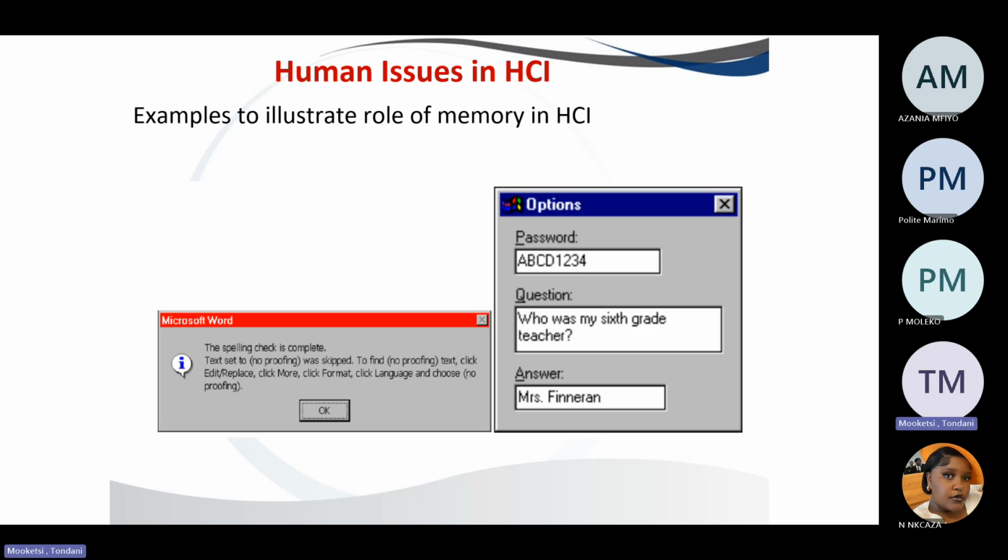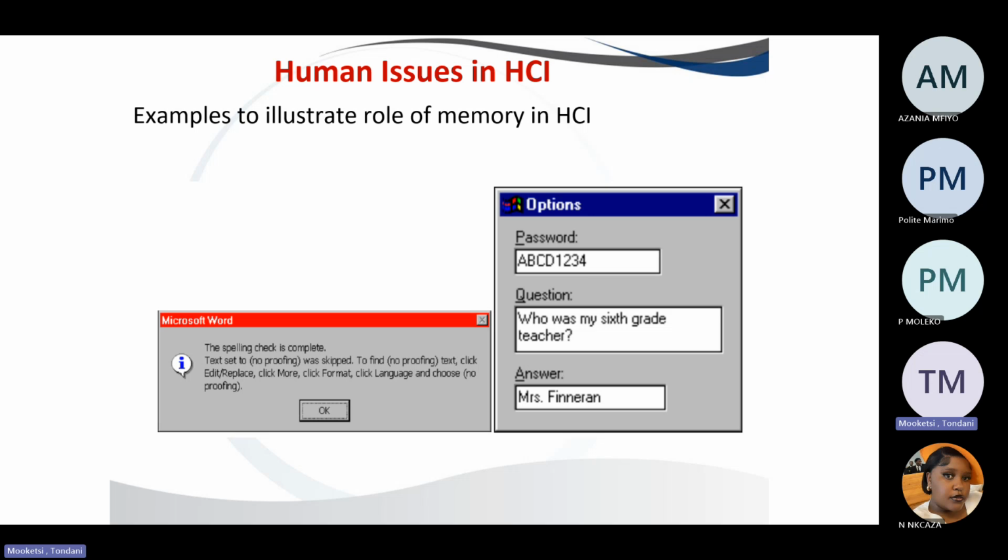Text set to no proofing was skipped. To find no proofing text, click Edit, Replace, click More, click Format, click Language, and choose No Proofing.